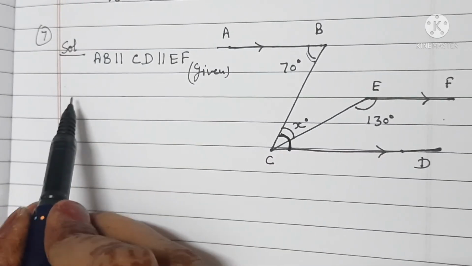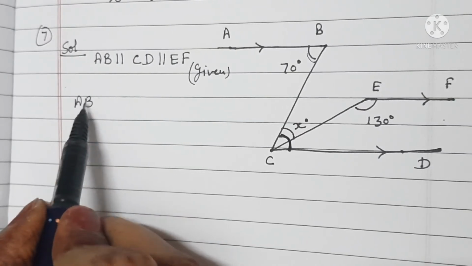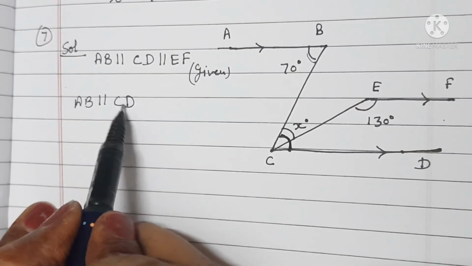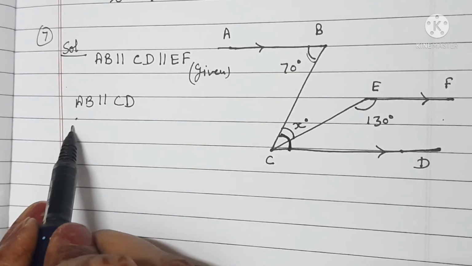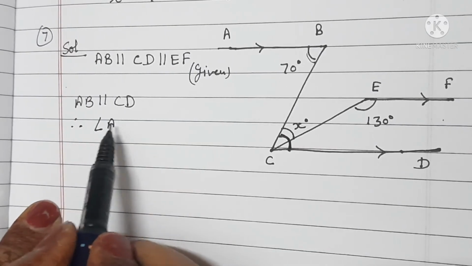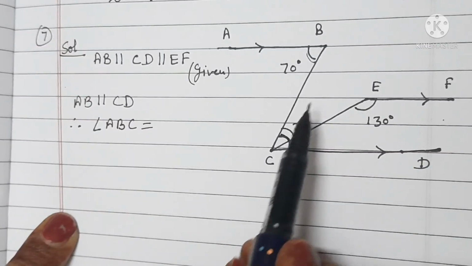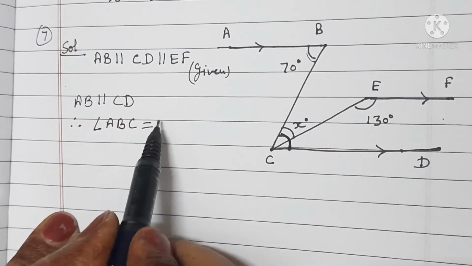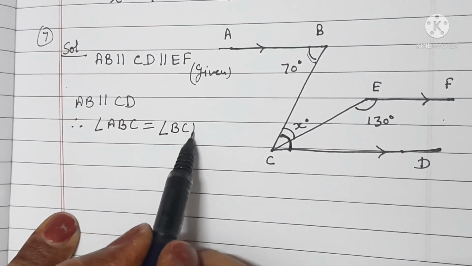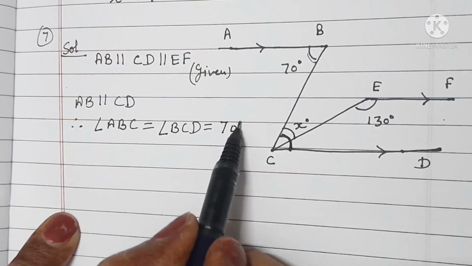So write down, AB parallel to CD, therefore angle ABC is equal to angle BCD. BCD is equal to 70 degree.